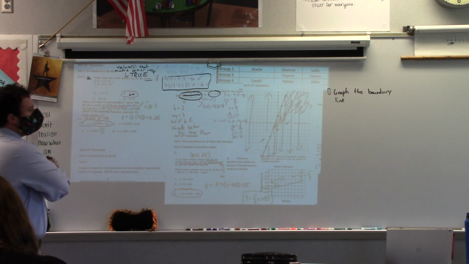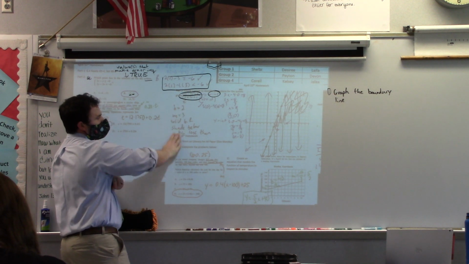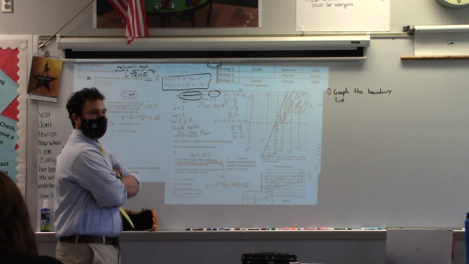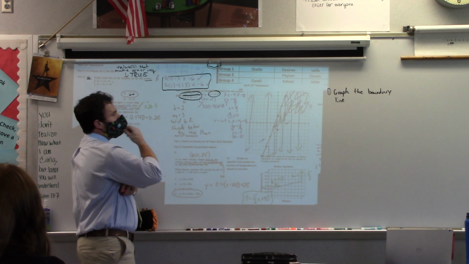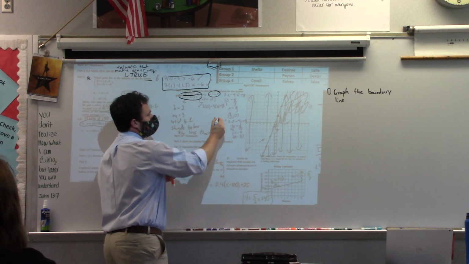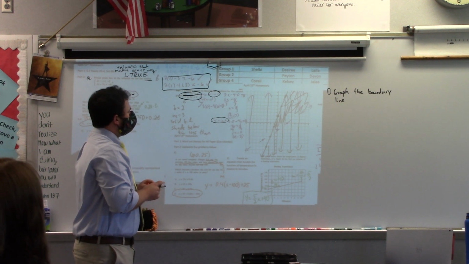So notice I graphed the boundary line. When it was in slope intercept, I just did the slope and y-intercept. What's the slope of that one? I just showed how I converted to slope intercept, but I would just do x and y-intercept with that standard form. Up 3, right 1.